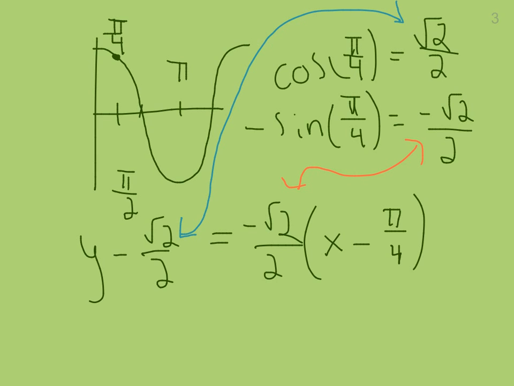So that is the tangent line that would go through the function cosine and just barely touch once at the point pi over 4 and root 2 over 2.